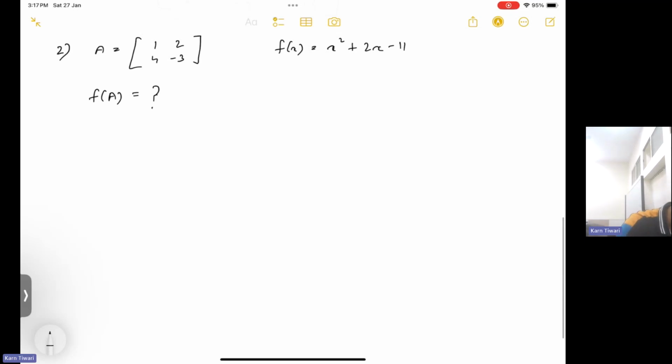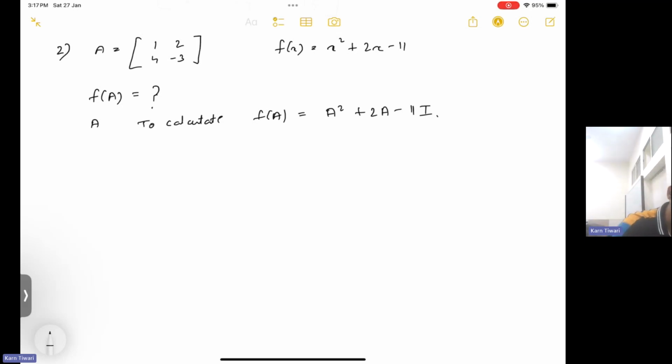Okay, so A we know. So to calculate f of A, it's basically equivalent to A square plus 2A minus 11 into identity.